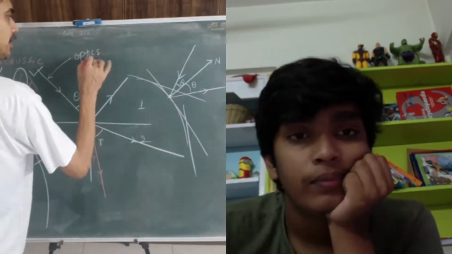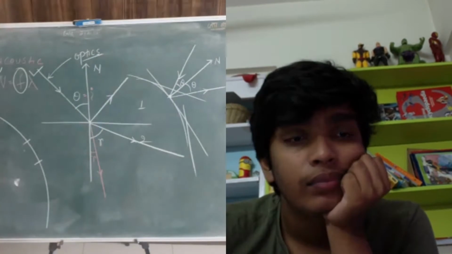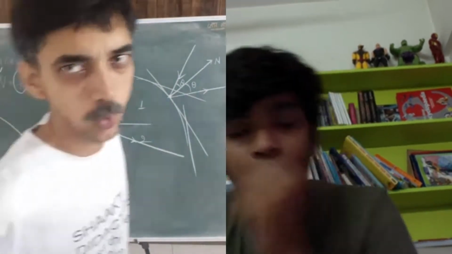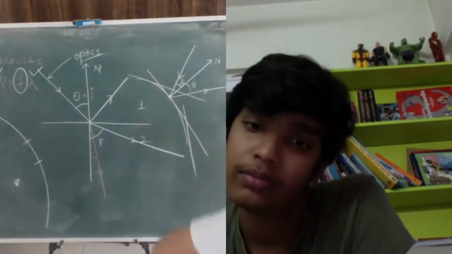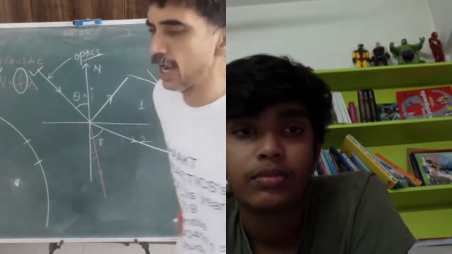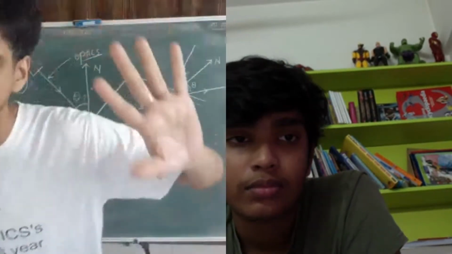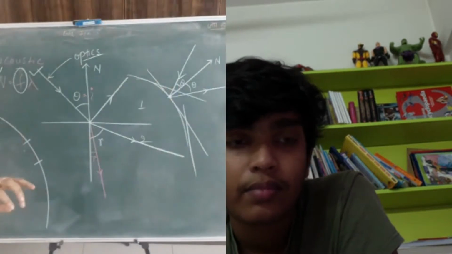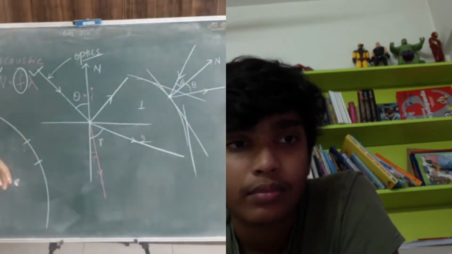Tell me, if the same experimentation is carried out with an acoustic wave, what will be your observation? Exactly the same being carried out now with an acoustic wave. What will be your observation?